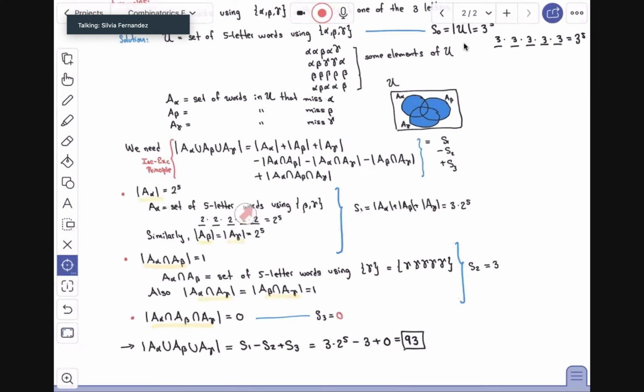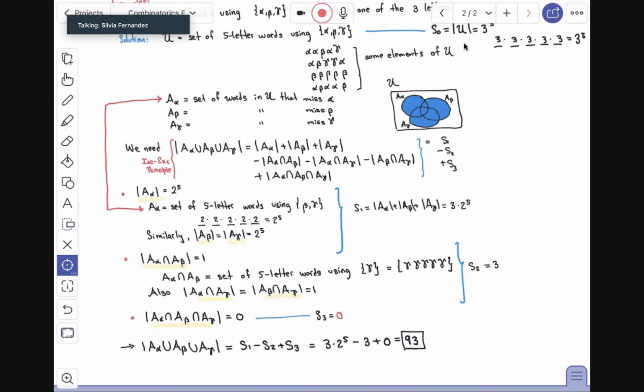That's why I restated what A alpha is. These two are the same thing, just different ways of stating A alpha. If I understand that, then I can count how many elements I have.